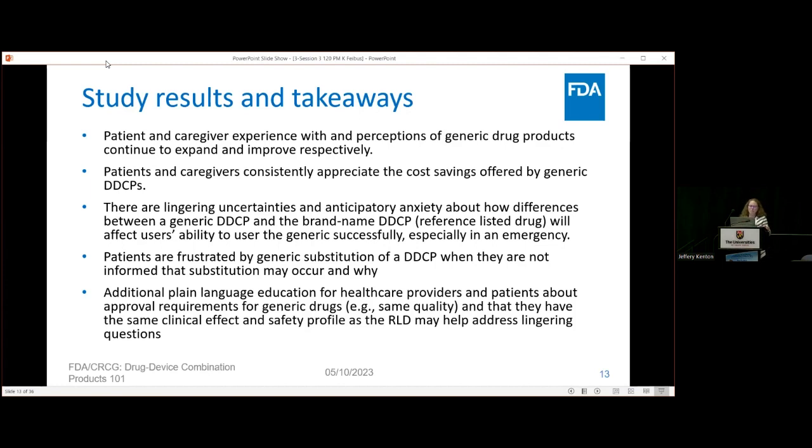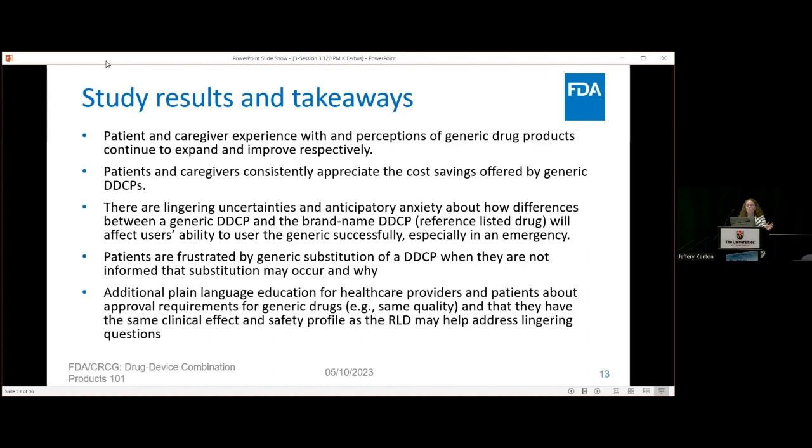The perceptions as far as positive feelings about cost savings, and positive feelings that the product was likely to be as good and work just as well as their brand name, were much improved over what published data showed, say, 15 years ago. So the education of our public about the quality and reliability and substitutability of generic drugs is definitely improved.